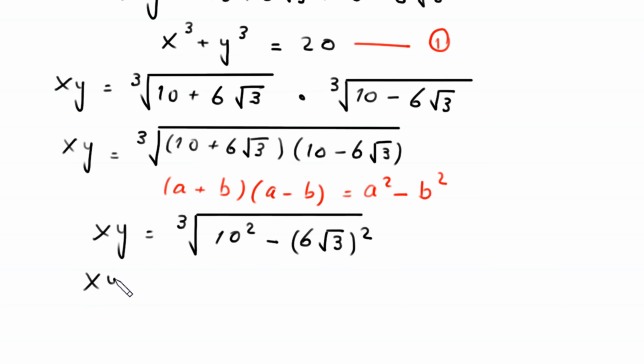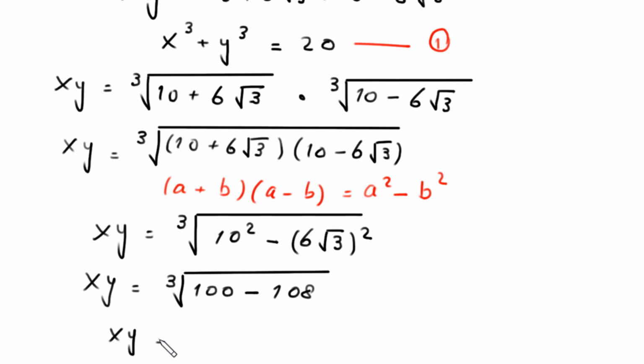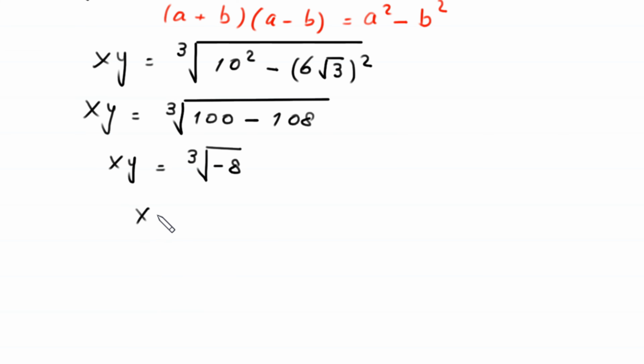Next, x times y is equal to cube root of 10 squared is 100 minus 6 squared is 36, and 36 times 3 will become 108, and xy is equal to cube root of 100 minus 108 will become negative 8. Next, x times y is equal to cube root of negative 8 is negative 2. Let's call this equation number 2, and we recall equation number 1.